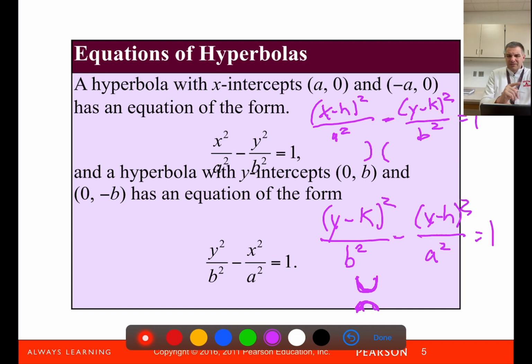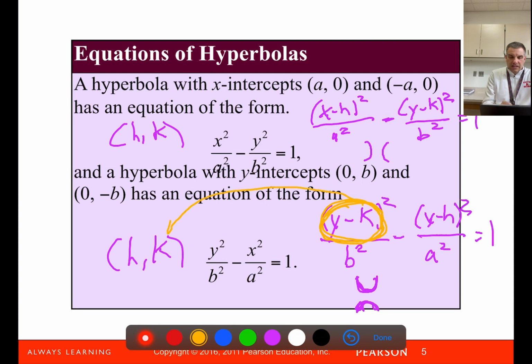The other thing you have to be careful with: the center of both of these is (h, k). The center of this one is still (h, k), but notice that it's y minus k. So when that comes first, you need to be aware that you need to put the k in the y value of your center, not in the x value of the center.